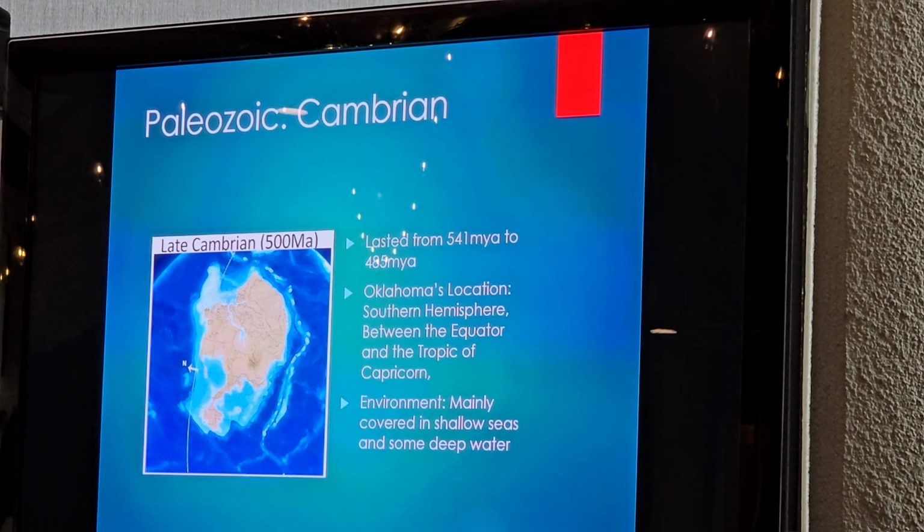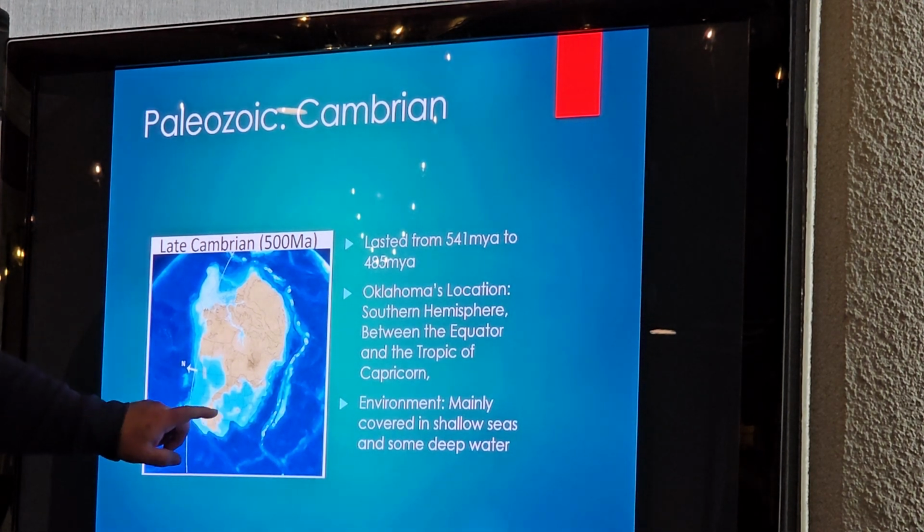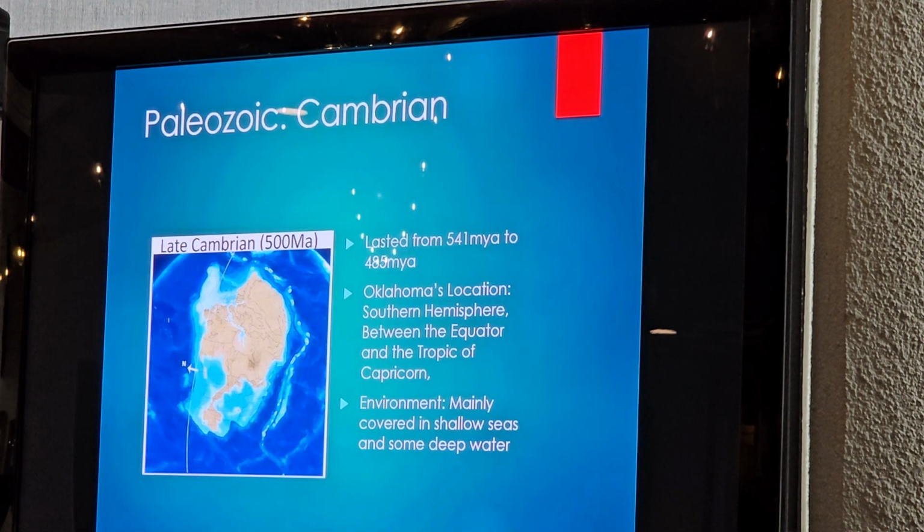Where are we at? We're between the southern hemisphere and the Tropic of Capricorn. Again, mainly shallow seas, some deep water, and that largely determines what fossils and deposits we have. Shale tends to be deep water or calm environments. Limestone tends to be shallower. Sandstone tends to be closer to a source, so maybe near shore.